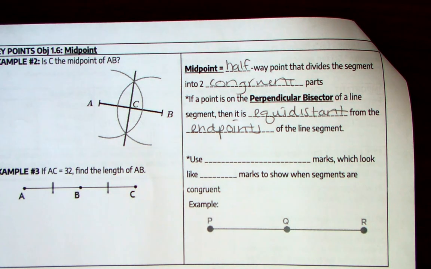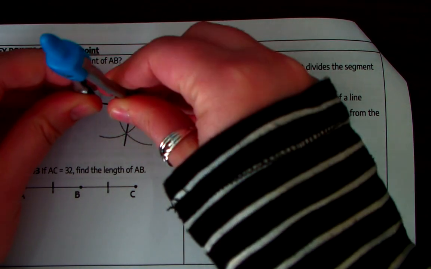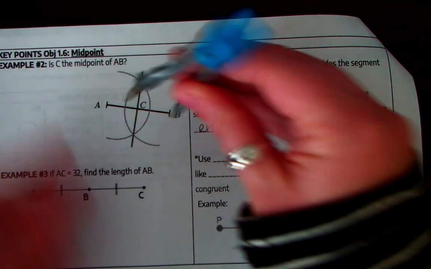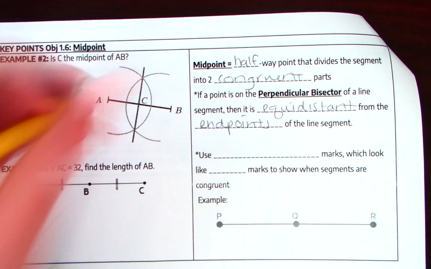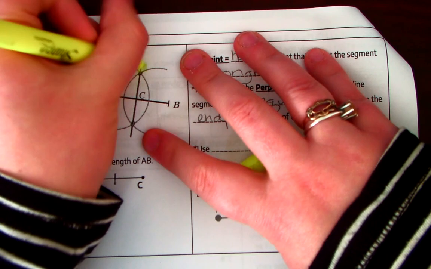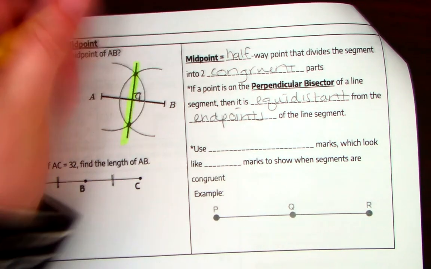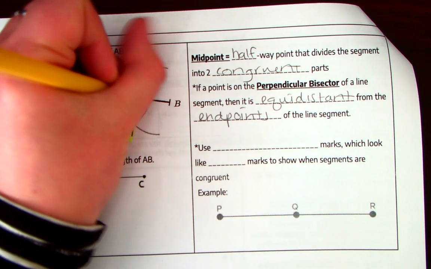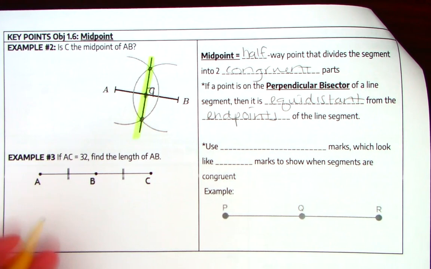Okay, so I extend my compass from here to here and create an arc, and then I go from the other endpoint the same distance and draw another arc. Where they intersect, this segment that is formed is called a perpendicular bisector. It will intersect the segment at a 90-degree angle, and it means that this point is in the middle. So, is point C the midpoint of AB? In this case, yes.